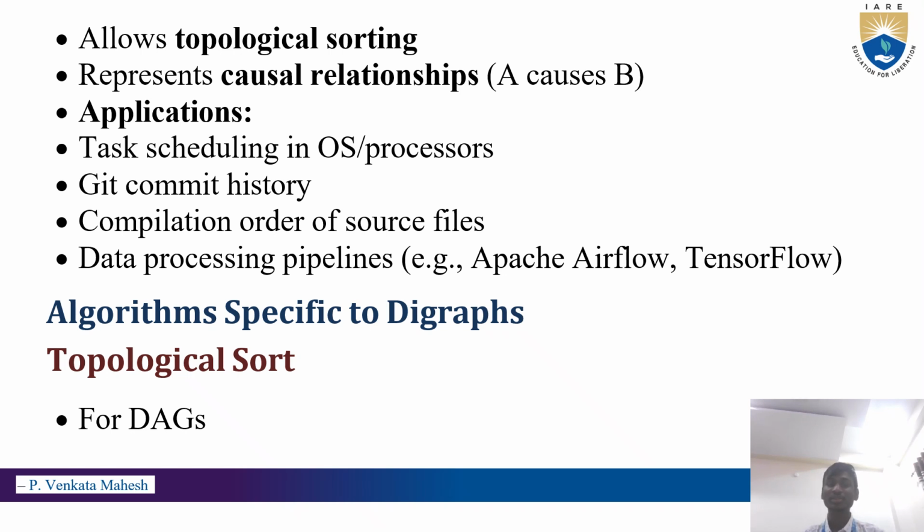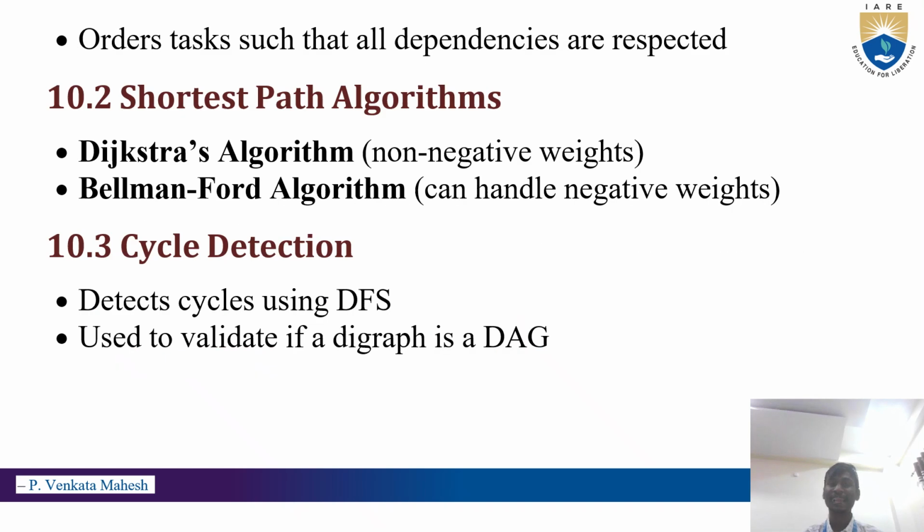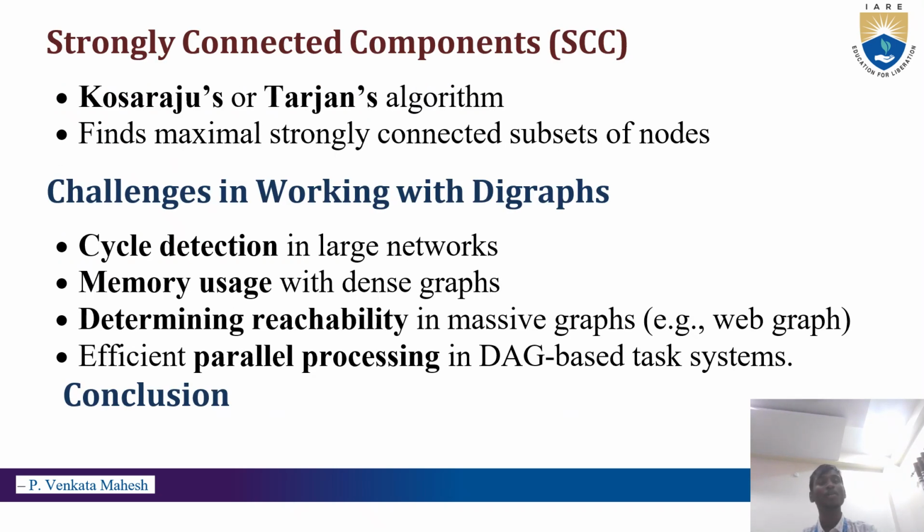Algorithms specific to digraphs: topological sort for directed acyclic graphs, ordering tasks so that all dependencies are respected; shortest path algorithms, Dijkstra's algorithm and Bellman-Ford algorithm; cycle detection, detecting cycles using DFS, used to validate if a digraph is a directed acyclic graph. Strongly connected components: Kosaraju's or Tarjan's algorithm finds maximal strongly connected subsets of nodes.